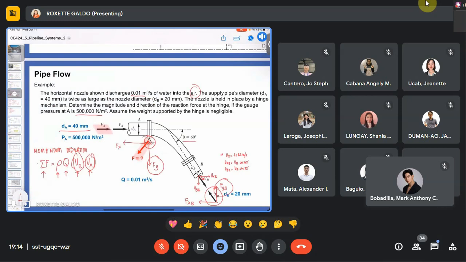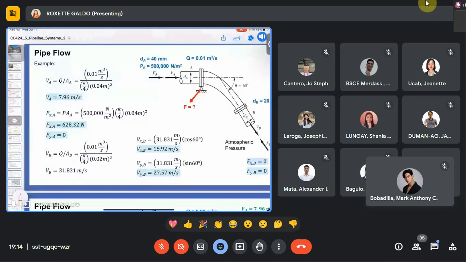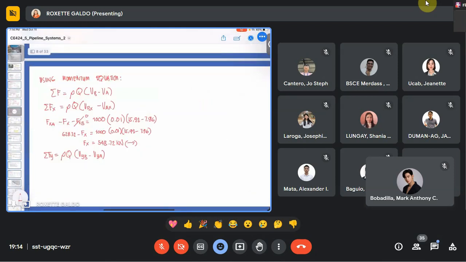Those only, so there is no A because A is horizontal. Fy is assumed to be downward, so that is minus Fy, and Fb is assumed to be upward.